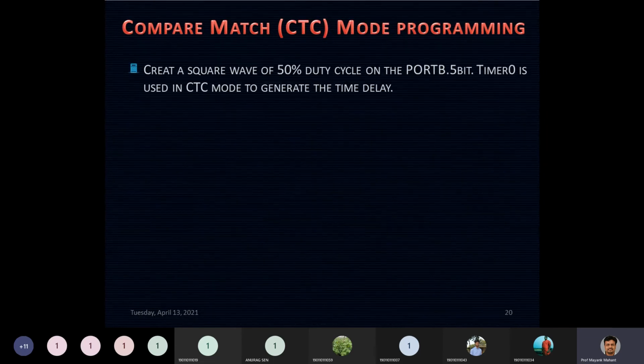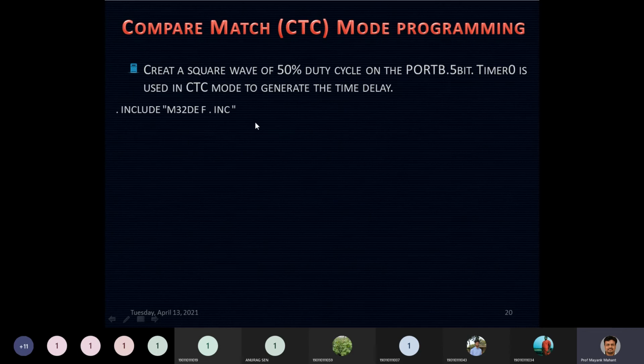So let us see the same example that we saw for timer 0 normal mode, and how we can do it with the help of CTC mode. Create a square wave with 50% duty cycle on port B pin number 5, with timer 0 used in CTC mode for generation of the delay.